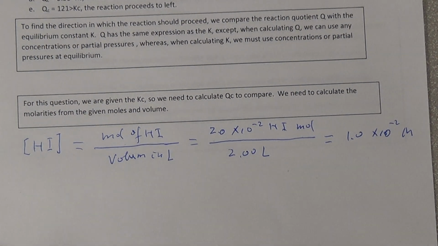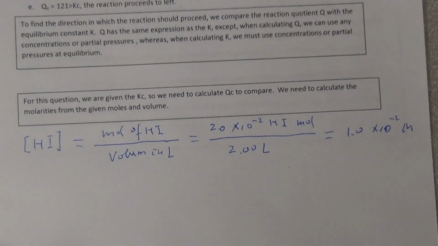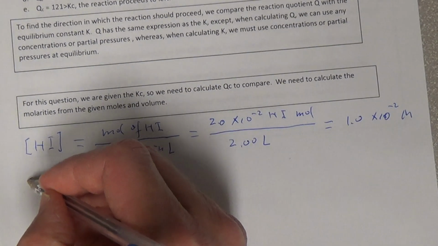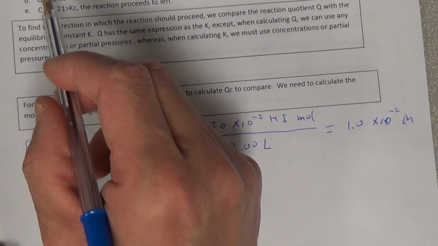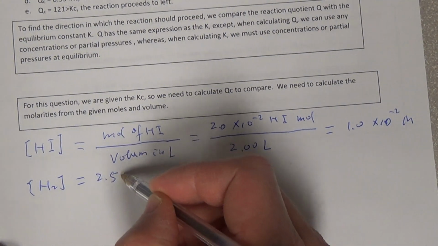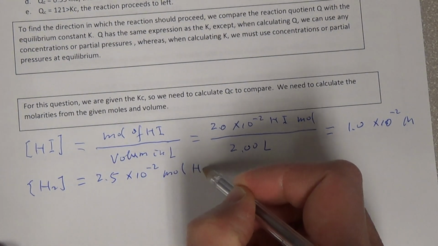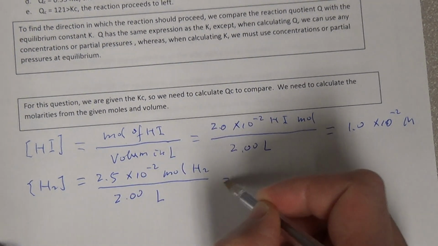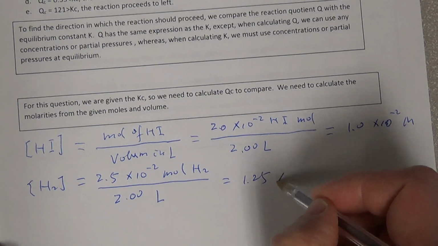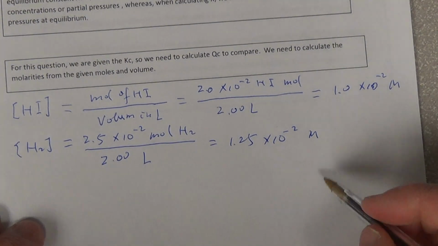Then we'll do similarly for the other two. The moles of H2 is 2.5 times 10 to the negative 2 mole of H2 divided by 2.00 liters, so we end up with 1.25 times 10 to the negative 2 capital M of H2.